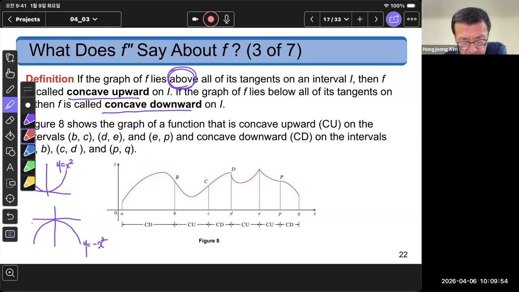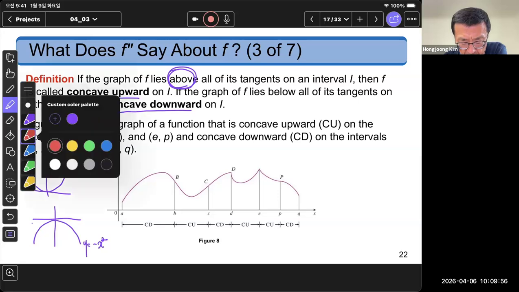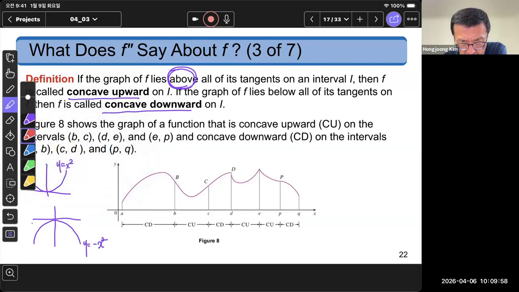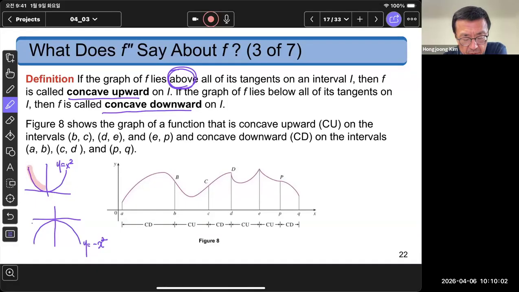So this is decreasing, and here is an increasing part. F prime, the increasing or decreasing doesn't matter.